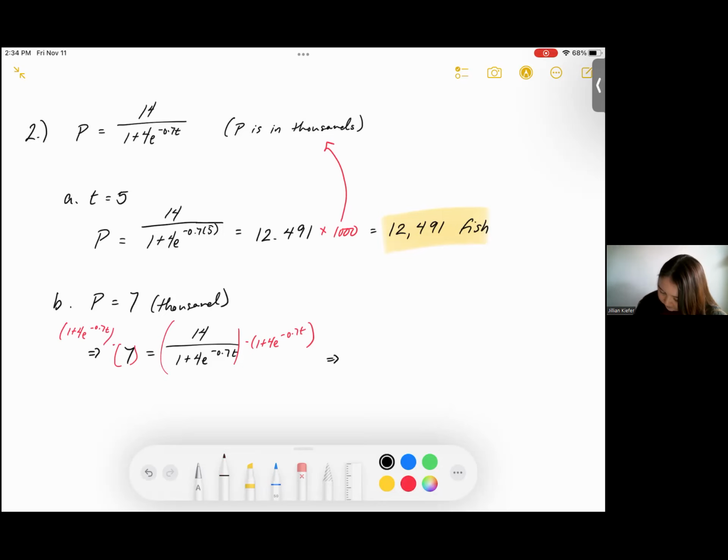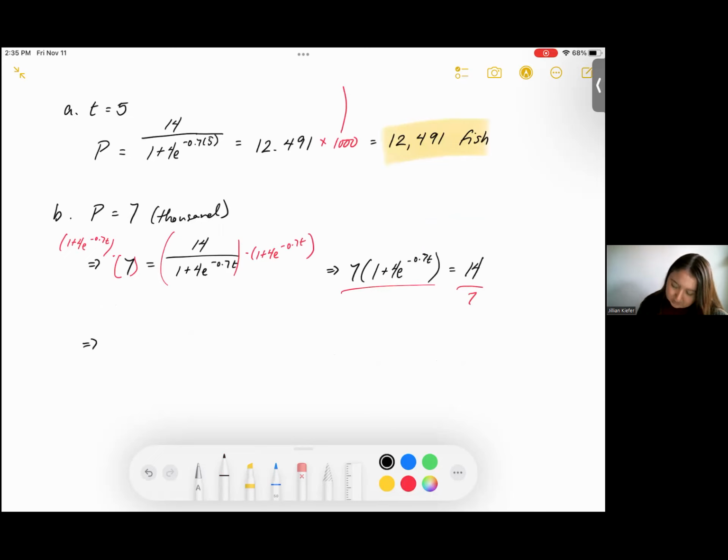This will end up giving us 7 times 1 plus 4e to the power of negative 0.7t is equal to 14. Then we can get rid of the 7 by dividing each side by 7. So in this case, 14 divided by 7 is 2. So we'll have 1 plus 4e to the power of negative 0.7t is equal to 2.